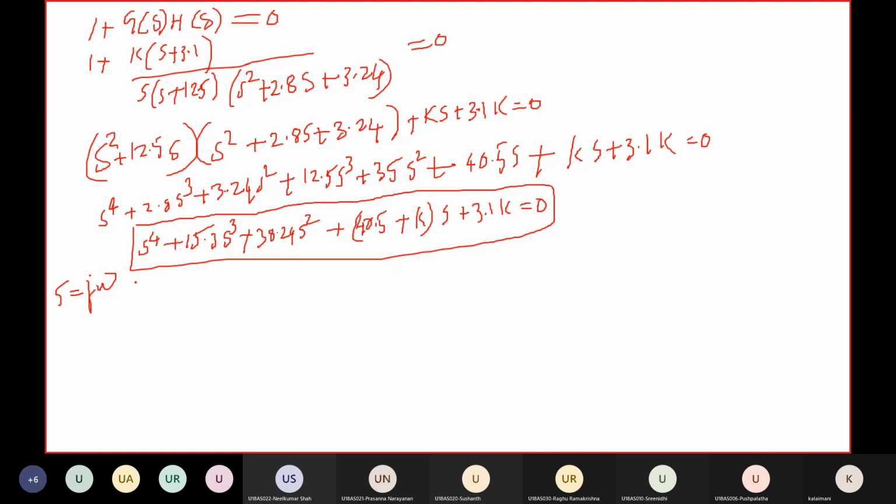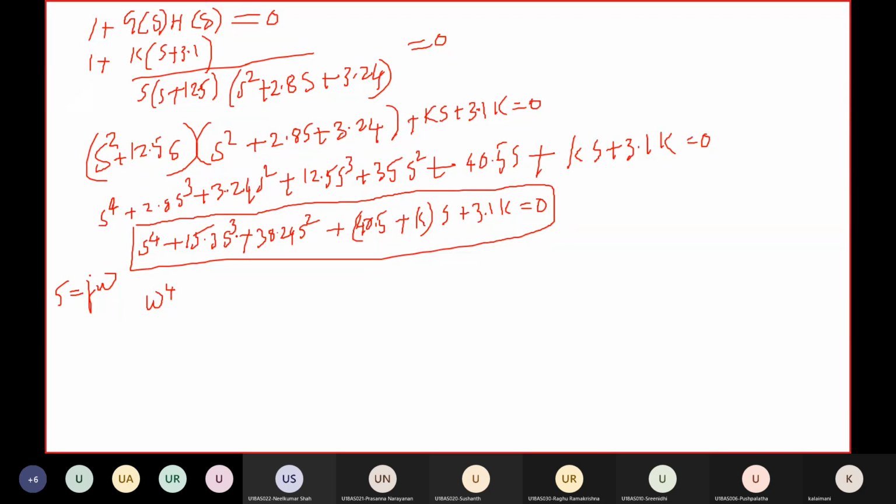If you put s equal to j omega, then we get j power 4 into omega power 4, where j square is minus 1, so minus 1 into minus 1 we get positive 1, then we get omega power 4. Then 15.3 s cube, then we get j cube.